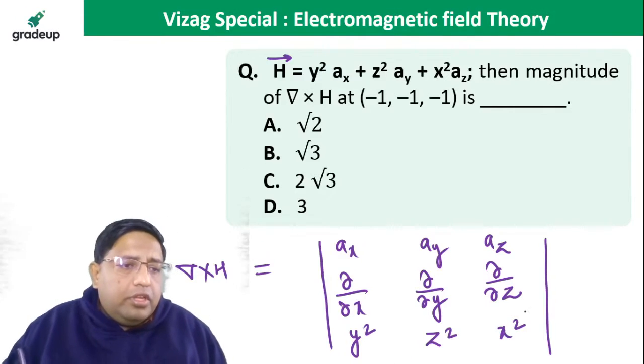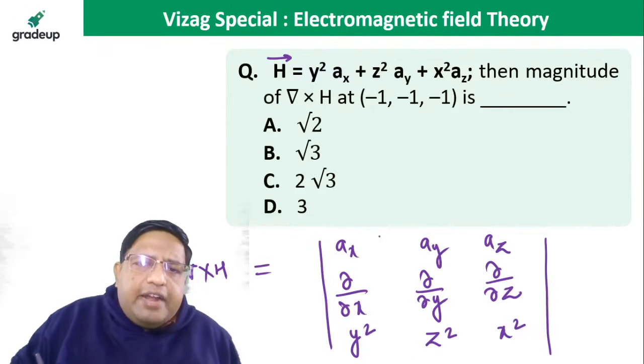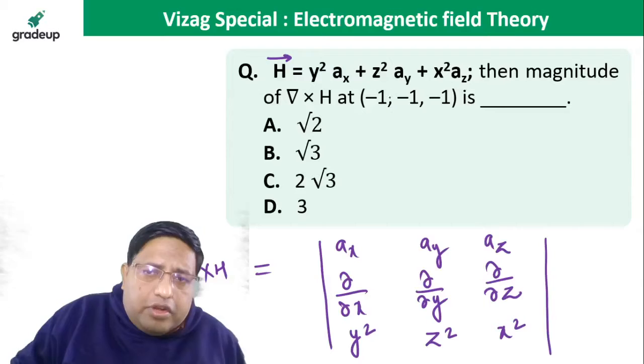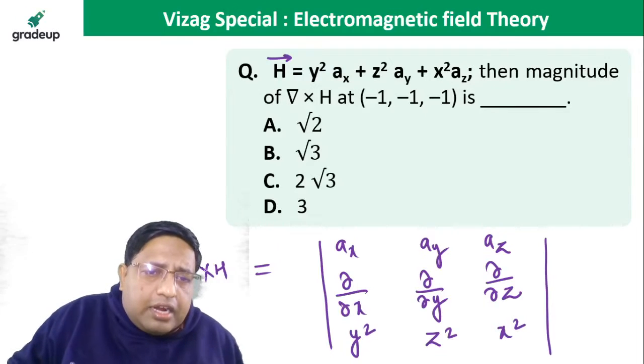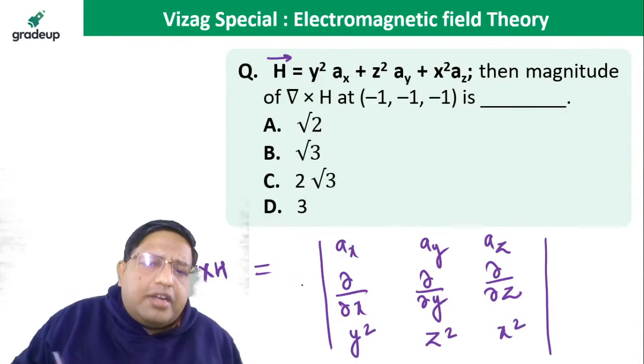You can solve very easily and put X equal to -1, Y equal to -1, and Z equal to -1, and take the modulus, because the curl of a vector is also a vector quantity.